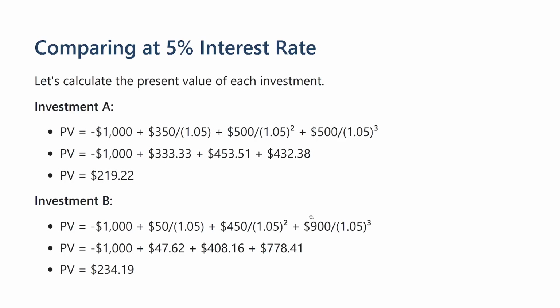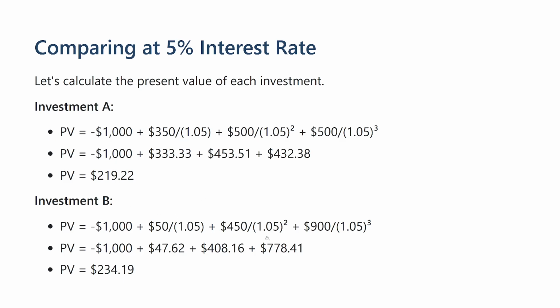What about a 5% interest rate, you might ask? Okay, investment A: you follow the formula, right? $350 at time 1 is only equal to $333.33. Similarly for all the others, you need to discount them, and we reach the present value of 219.22.